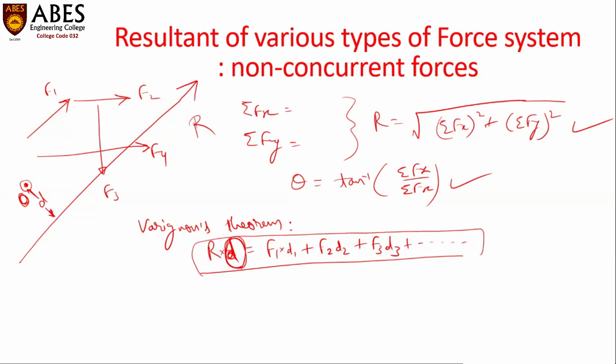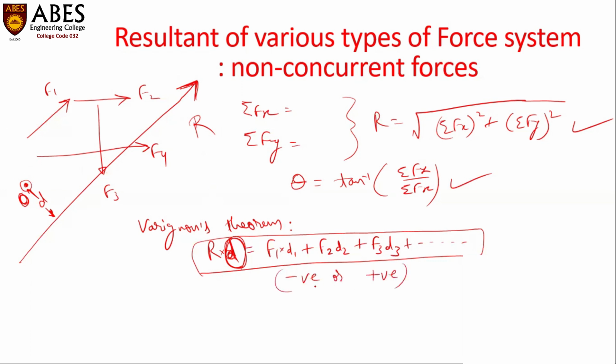And as per the sign of the right-hand side value, it may be positive or negative, we will put the arrowhead on this resultant. Actually, the resultant direction is given by theta, but whether it is passing from the upper side or the downside about this point O is decided using this sign. It may be negative or positive.